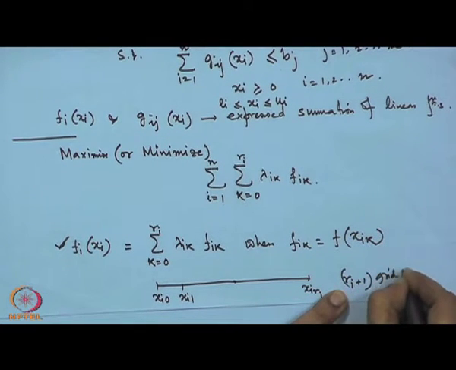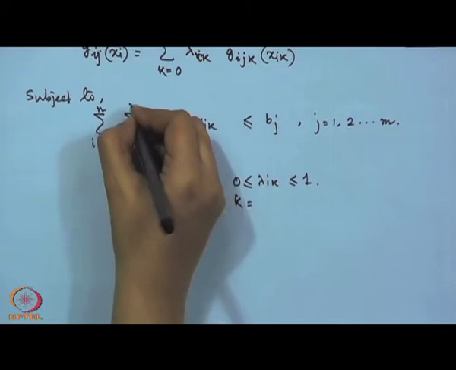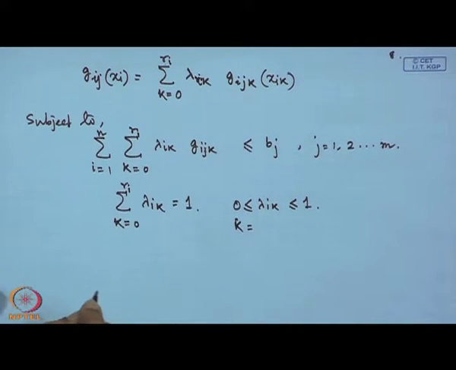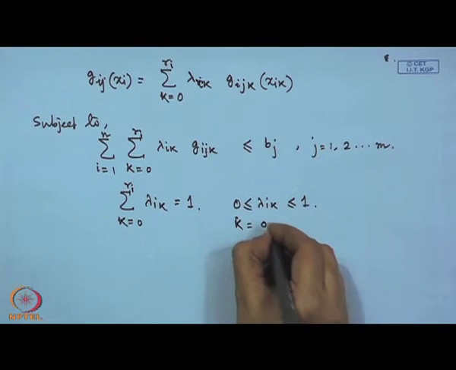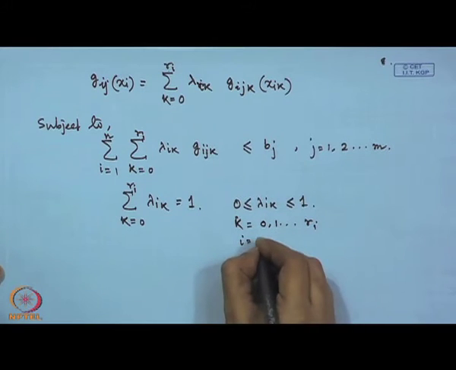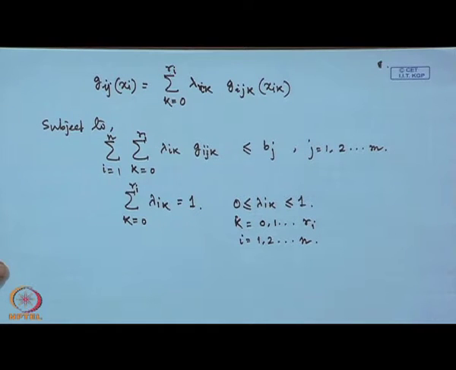Grid points are there. Thus, here as well, this is I, this is I, thus this is I, alright. And here k is equal to 0, 1 to Ri, and I is equal to from 1 to n, because n number of decision variables are there. Okay.